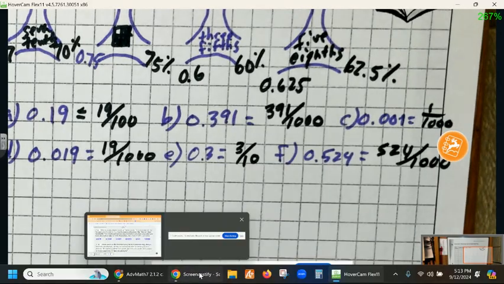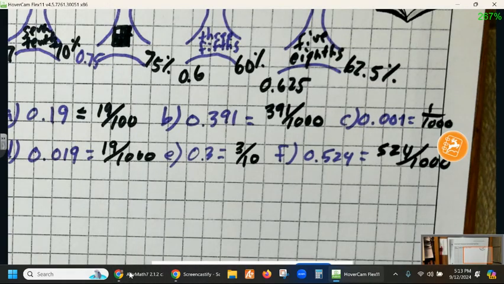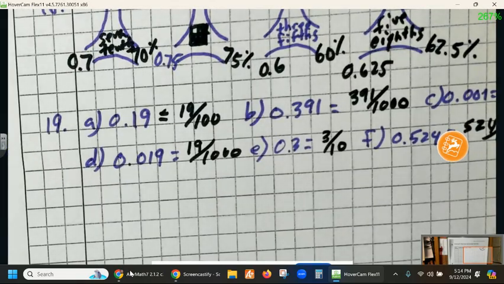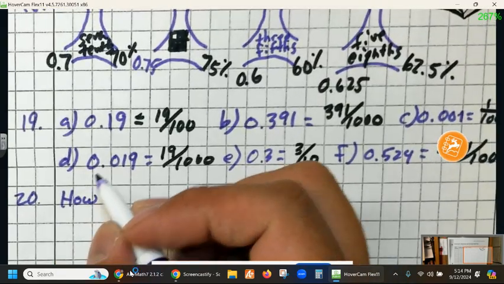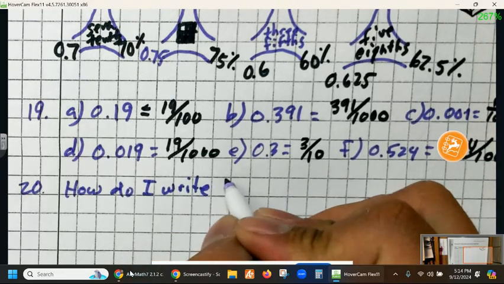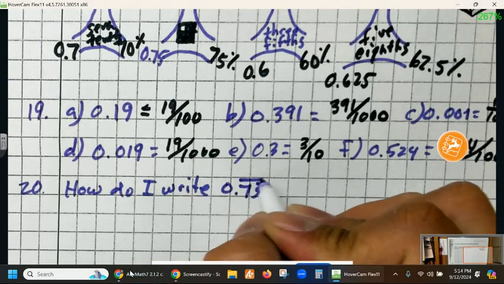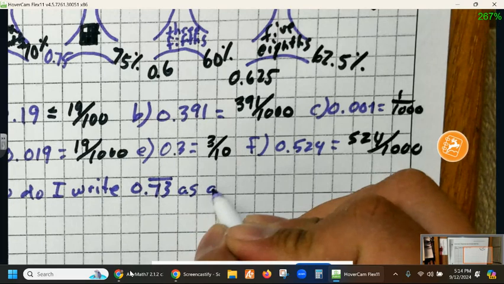Okay, now the next question would be, how do I write 0.73 with the 7 and the 3 repeating? Because that bar means that's a repeating decimal. And can we write it as 73 hundredths? Okay, so let's think about that. So question 20, how do I write 0.73 with a bar over it as a fraction?